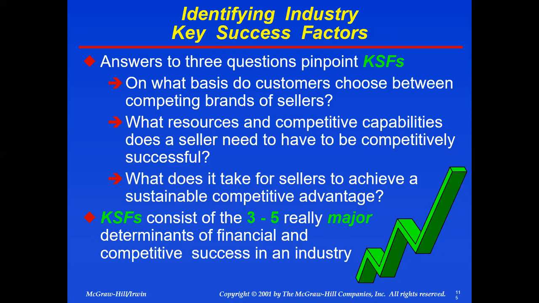And the third question would be, what does it take for sellers to achieve a sustainable competitive advantage? So these are the 3 questions which would sort out for us the list of key success factors. Now remember that key success factors consist of 3 to 5 really major determinants of financial and competitive success in an industry.